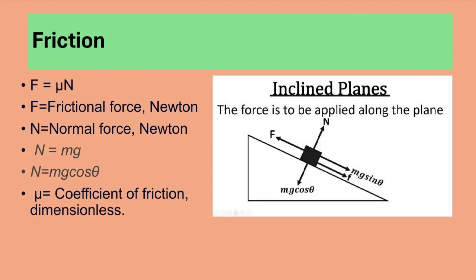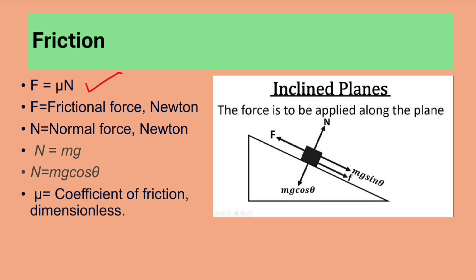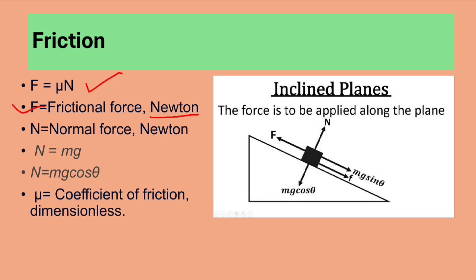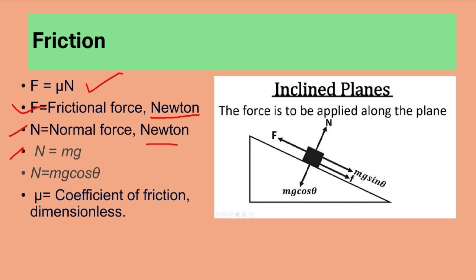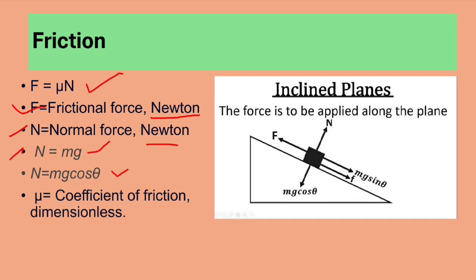Friction. The friction formula is F equals mu into N, where F is the frictional force, its unit is Newton, and N is the normal force, whose unit is also Newton. In the normal case N is mg, but in the inclined case it is mg cos theta.